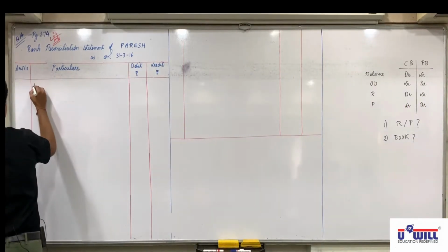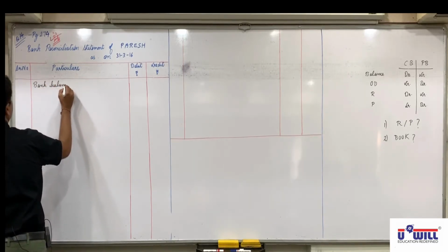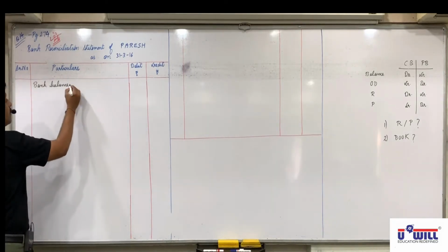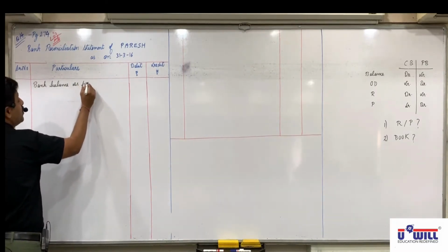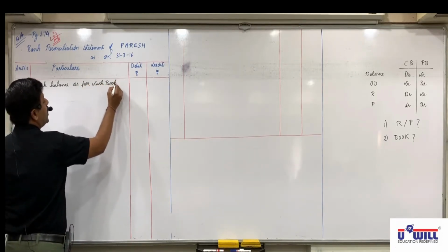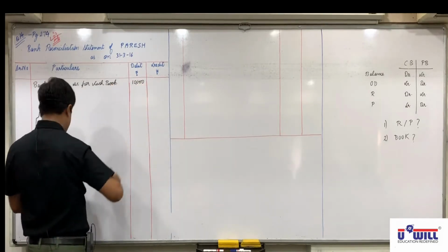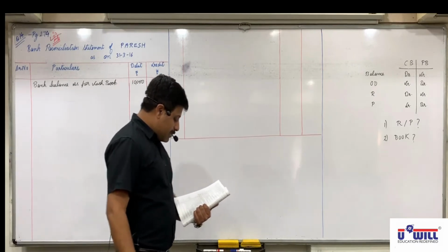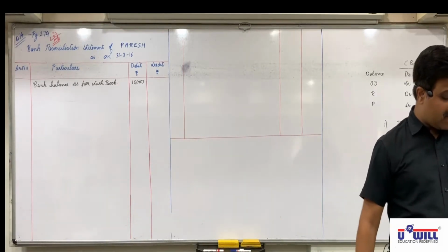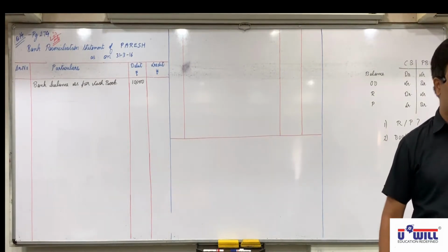So bank balance as per cash book in the debit column, 10,000. This balance does not tally with the bank balance as per passbook. From the following information, prepare a bank reconciliation statement for March 2015.